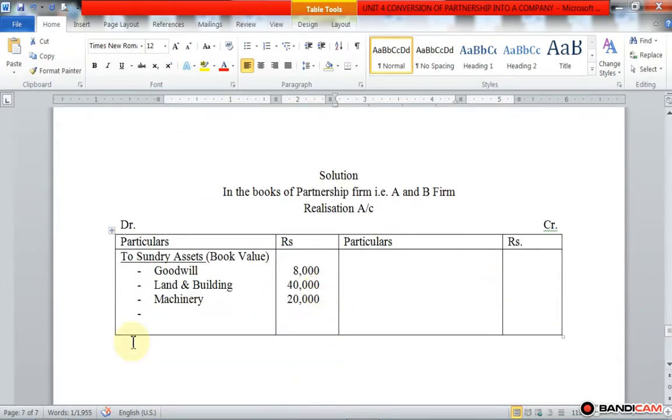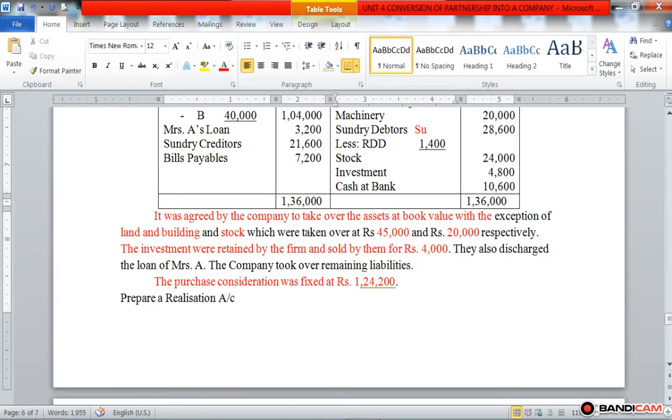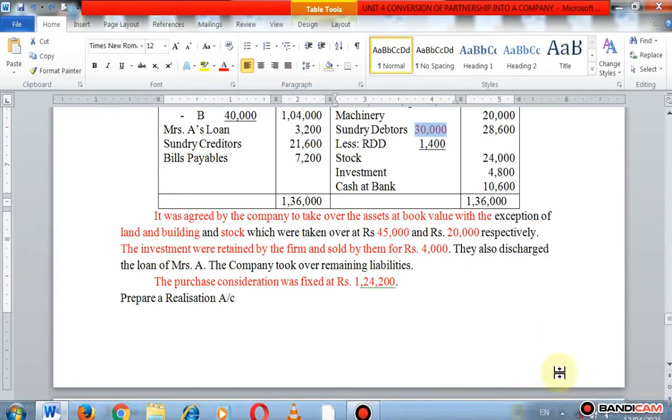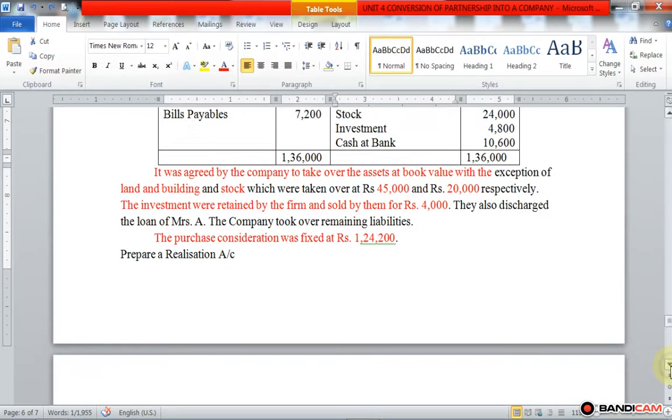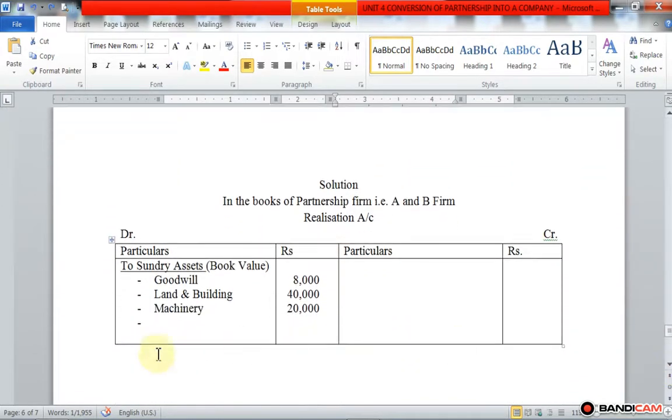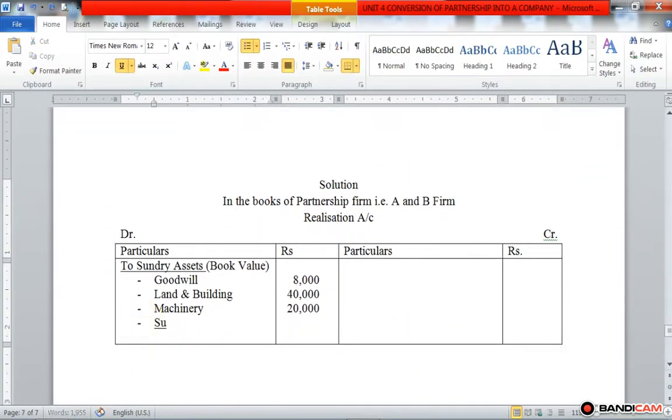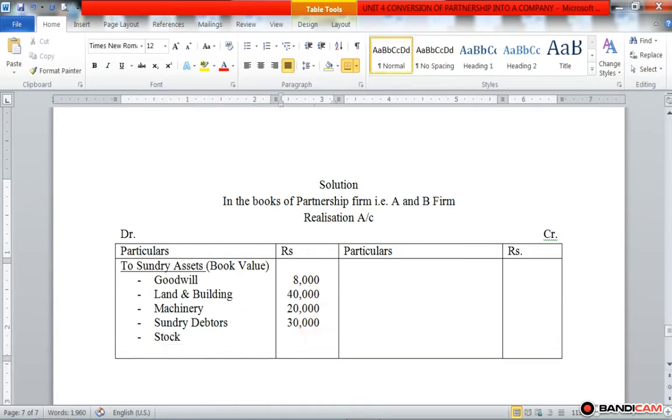Then the next asset is stock, amounted to rupees 24,000.